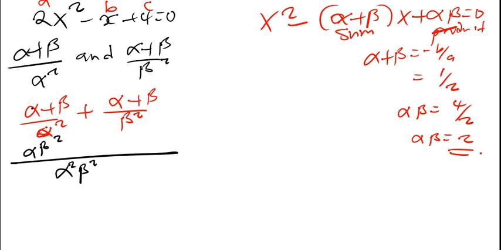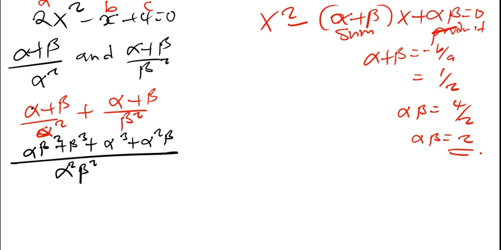Then I'm going to have plus beta squared times beta, which is beta to the power 3. Plus here beta and beta will go, so it will be alpha to the power 3, plus it will also be beta times alpha squared, so it will be alpha squared times beta, like that.